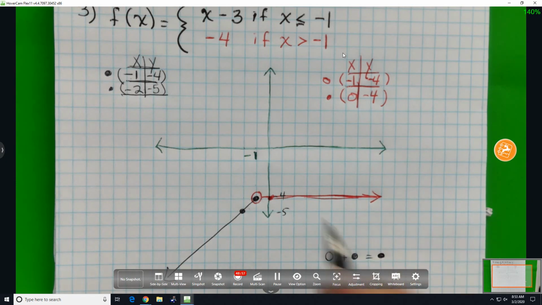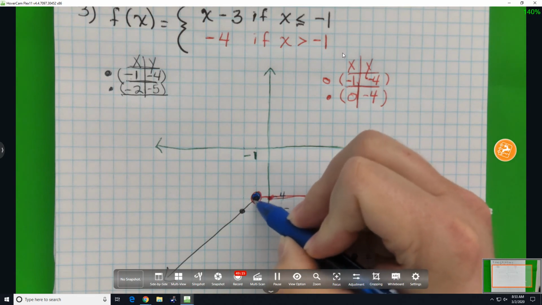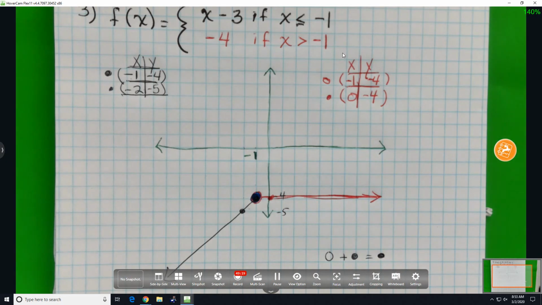But if you were doing it in color, then we could show the red one is the one that has the open circle, the black one has the closed circle. But if it were all just black, you really couldn't show that. So you could fill it in. Look, there it is. Okay, fill it all in. I did. There.